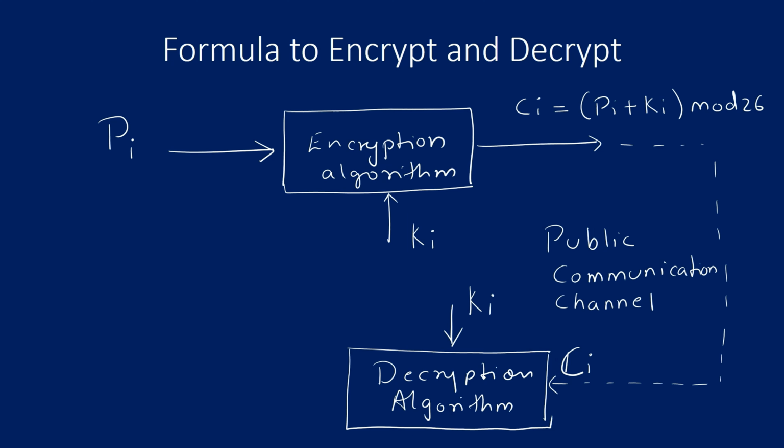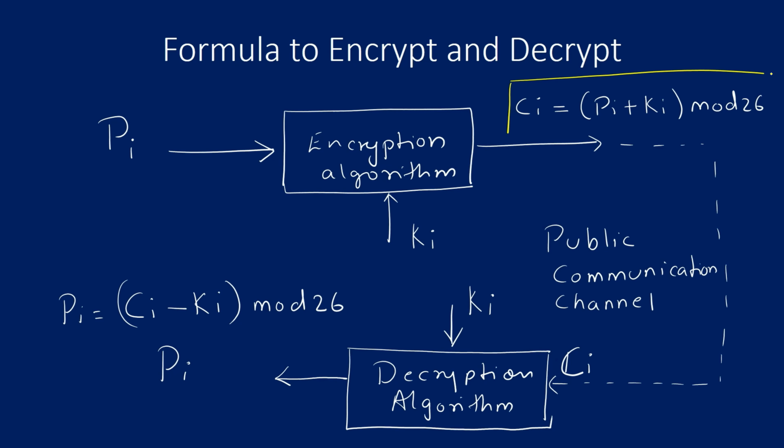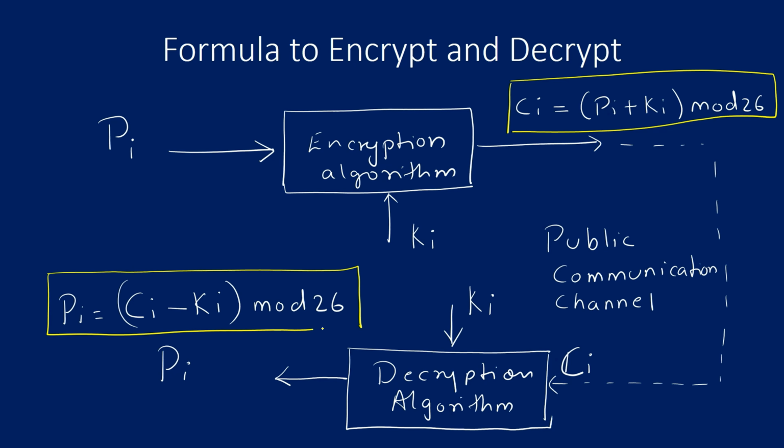The decryption algorithm takes the ith letter of the ciphertext and the ith letter of the key and generates the ith letter of the plaintext using the formula p_i = (c_i - k_i) mod 26. So the encryption algorithm generates the ciphertext by performing modular addition between the plaintext and the key, while the decryption algorithm recovers the plaintext by doing modular subtraction between the ciphertext and the key.